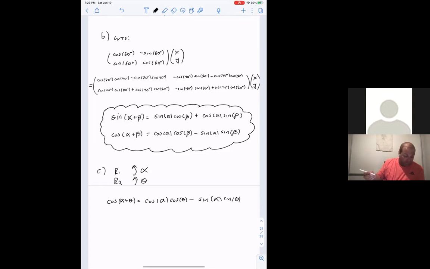And sine of alpha plus theta is sine of alpha cosine of theta plus cosine of alpha sine of theta. So I think the reason why they were cordoned off is because they are formulas that are more advanced than you need to worry about.